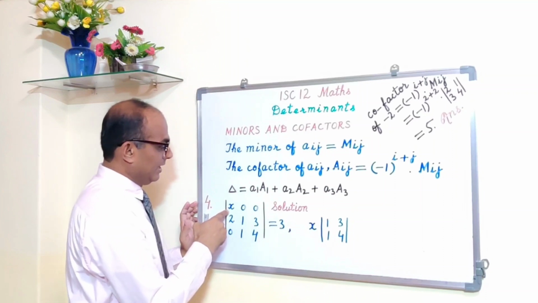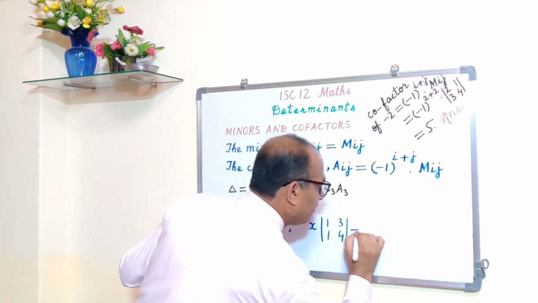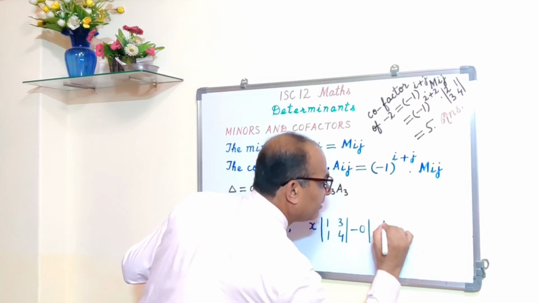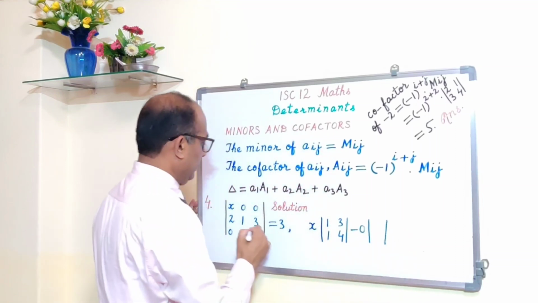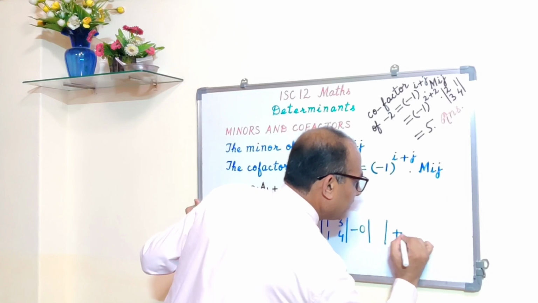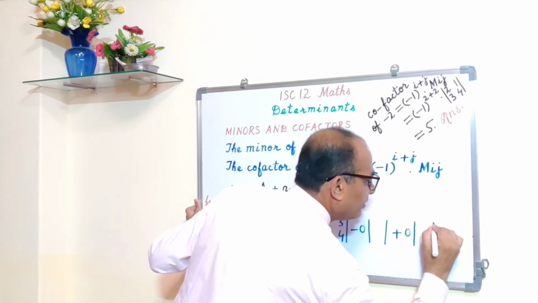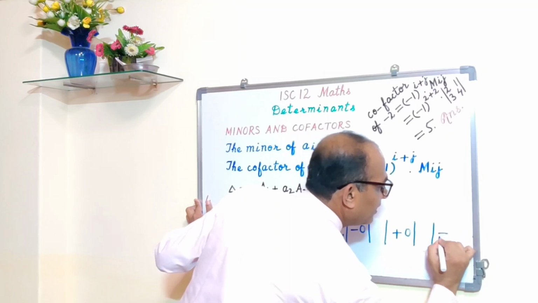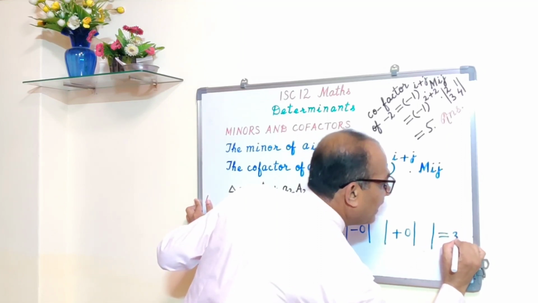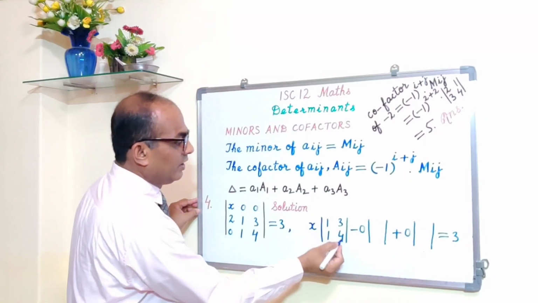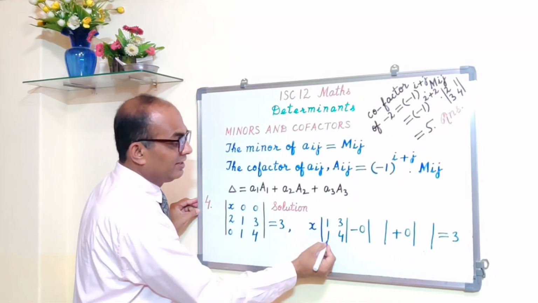And then plus, minus 0, everything will be 0, no need to write down, and then plus 0 into anything will be 0, and that is equal to 3. This is given. So 4 ones are 4, 3 ones are 3.